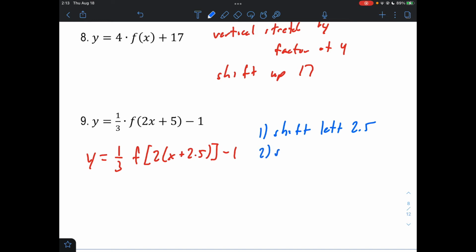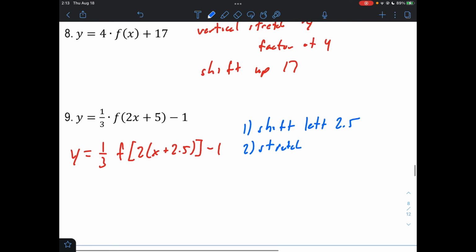And then we're going to stretch or compress, however we want to say that here, horizontally by a factor of 1/2. Remember, it's going to be x over b, so x over 2.